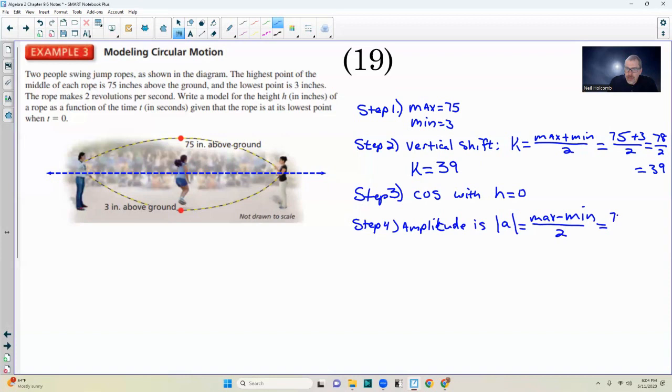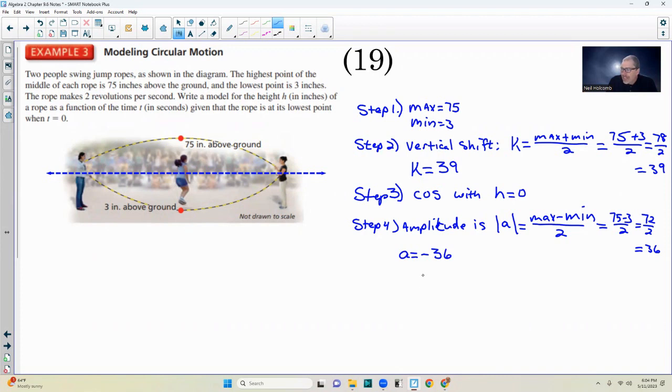So that's going to be 75 minus 3 divided by 2, which is 72 divided by 2, and that is going to equal 36. So the graph is a reflection in the x-axis. a is positive, therefore, a equals negative 36.